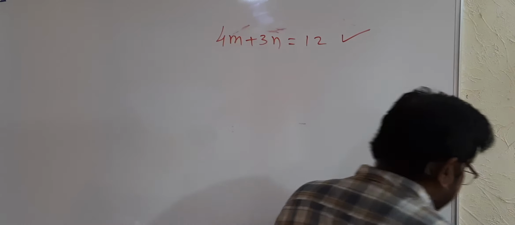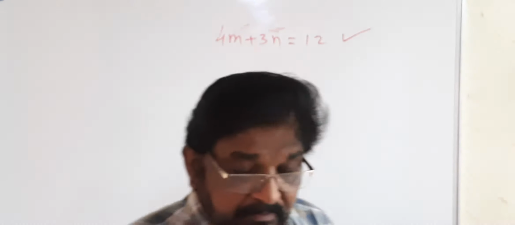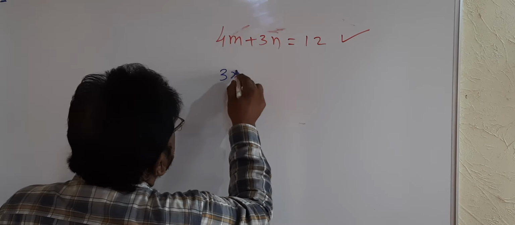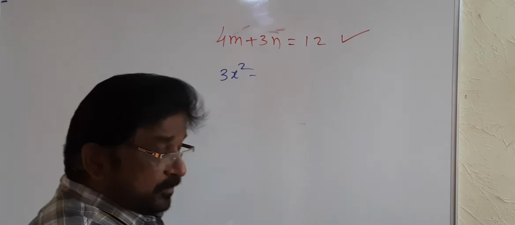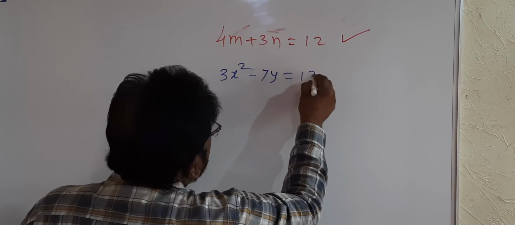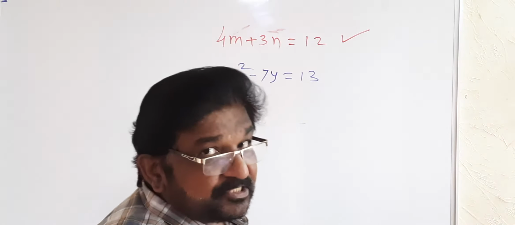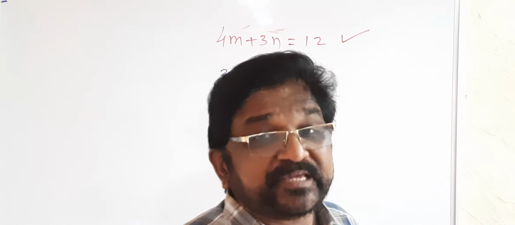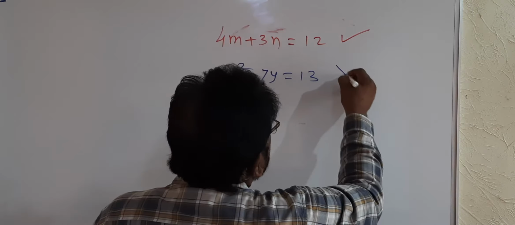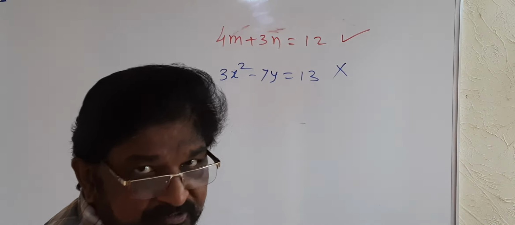Second is 3x square minus 7y is equal to 13. You can check there, the degree of x is becoming 2. So this is not an equation with two variables.